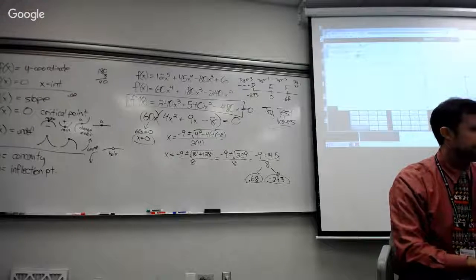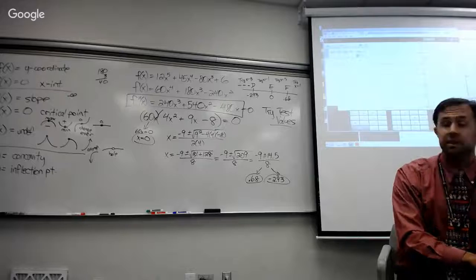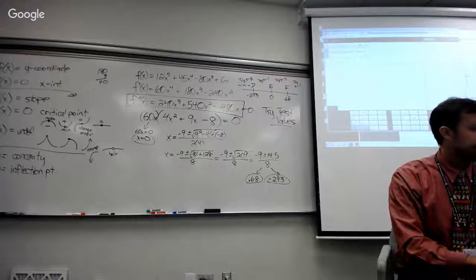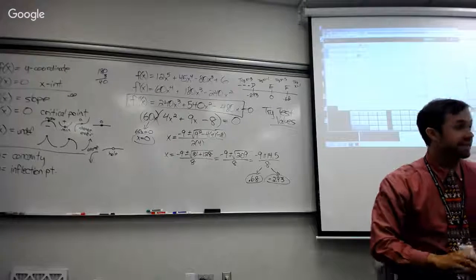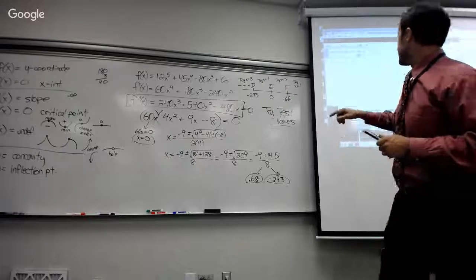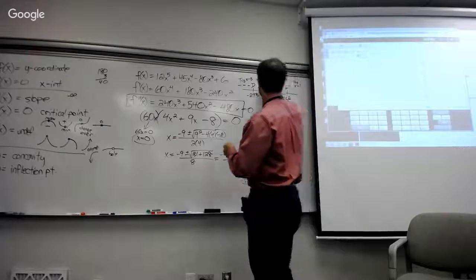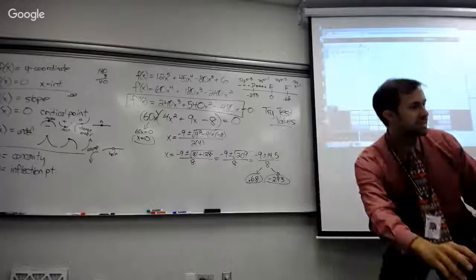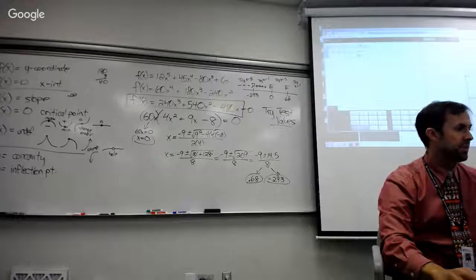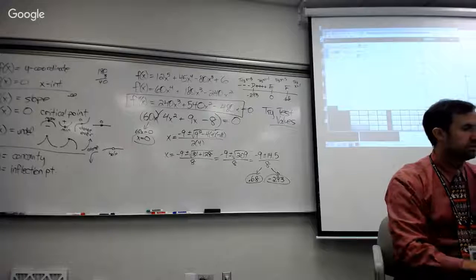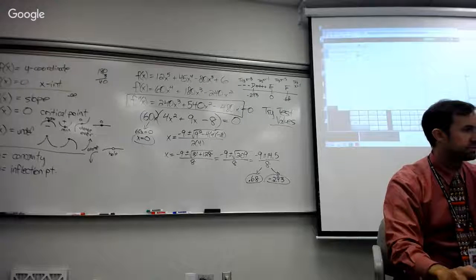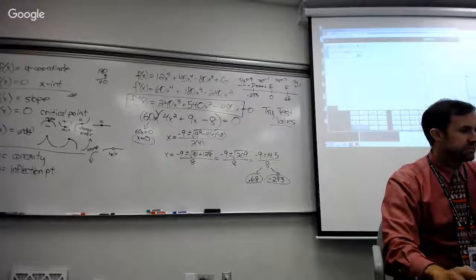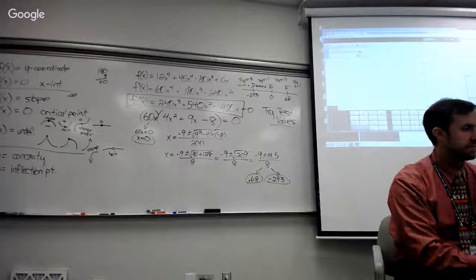So then I plug in my next test value. My next test value was -1, I think, right? Yeah, I'm going to try -1. So I plug in -1, and I get a positive number. It equals 780. So now I know that we're concave up in this region. And then I try my next test value, which is 0.5. There we go.